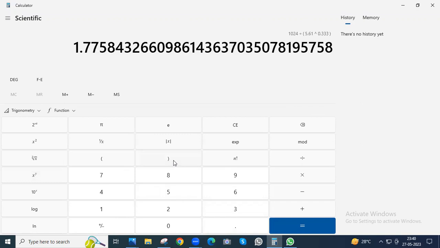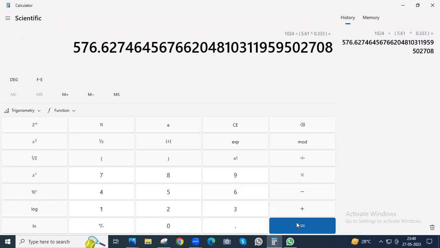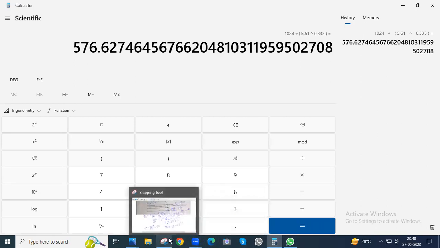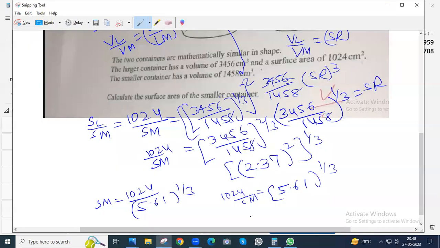This is about 1.7, and 1024 divided by that is equal to 576. So the answer is about 576, near about 576.